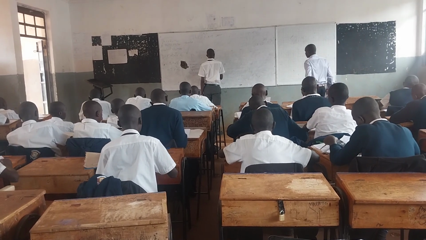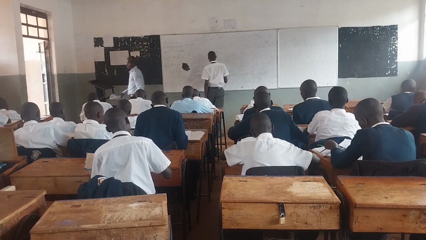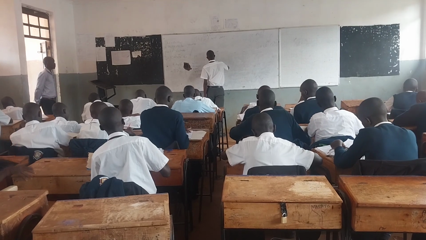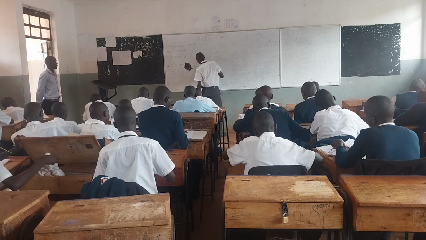Pi r squared, my friend. Our formula is pi r squared.